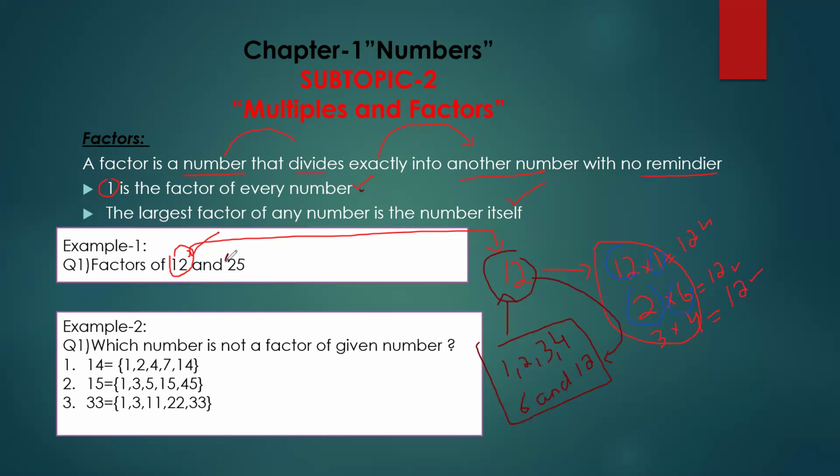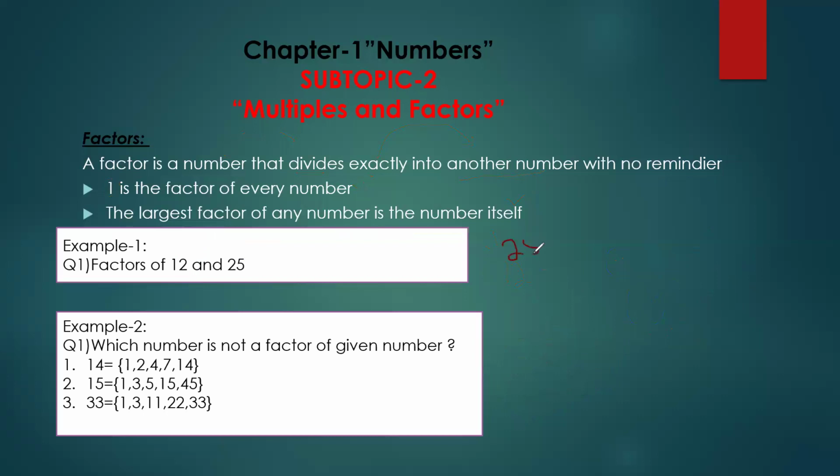Now 25, how can we find the factors of 25? We just need to write the products of two numbers which are equal to 25. First is 1 times 25 is 25. Second, we have 5 times 5 is 25. Okay, I think that's it.